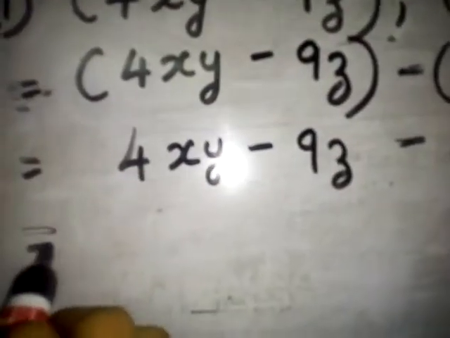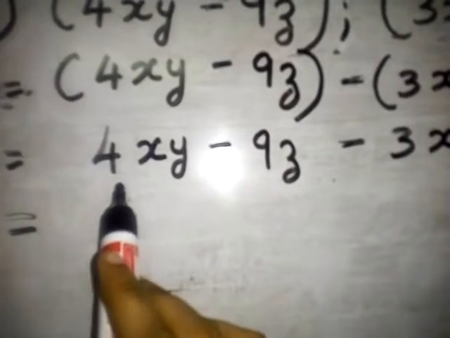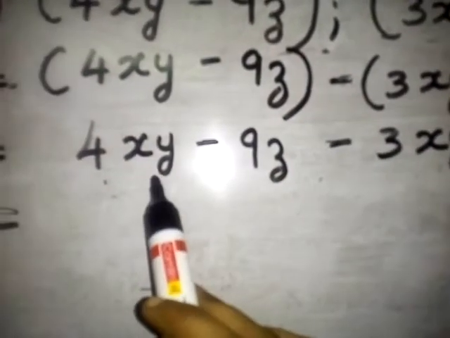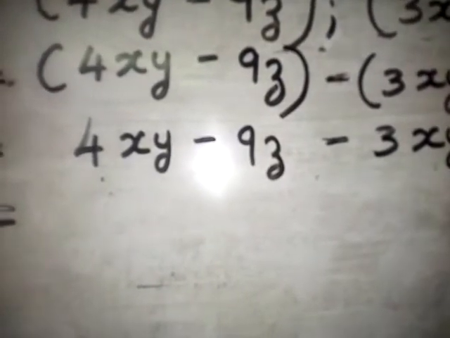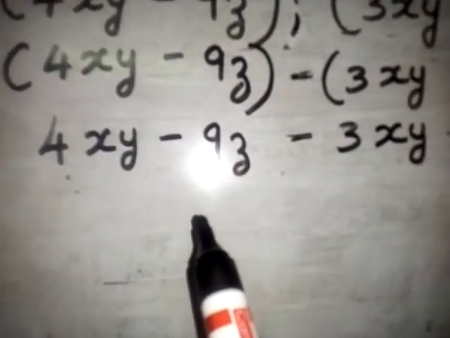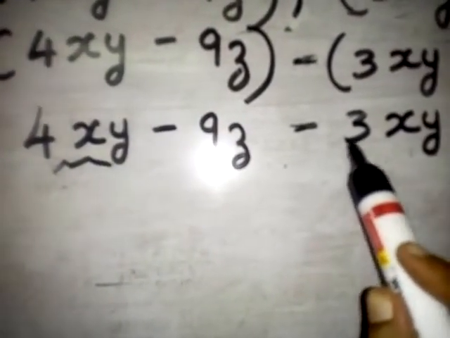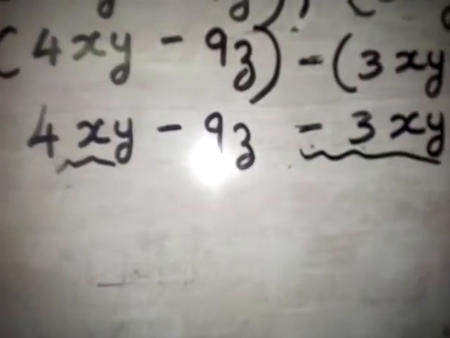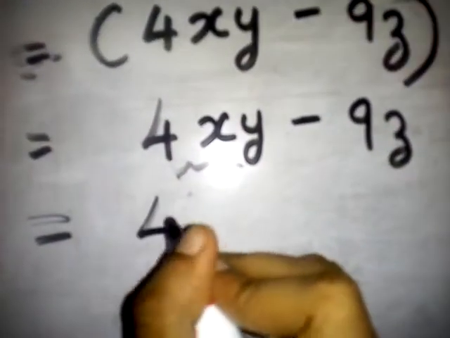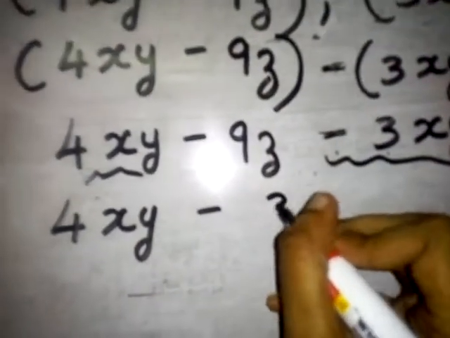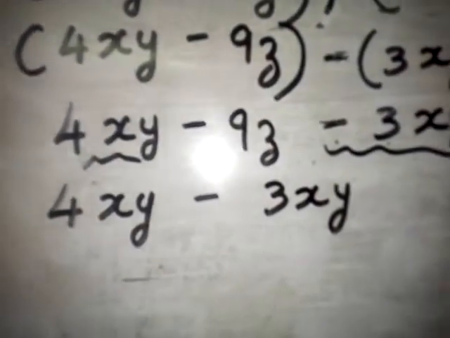Now you have to bring the like terms together. 4xy, 3xy. Numbers which have the same variables, you have to write together in like term form. 4xy, before 3 which sign is there, minus. 4xy minus 3xy.